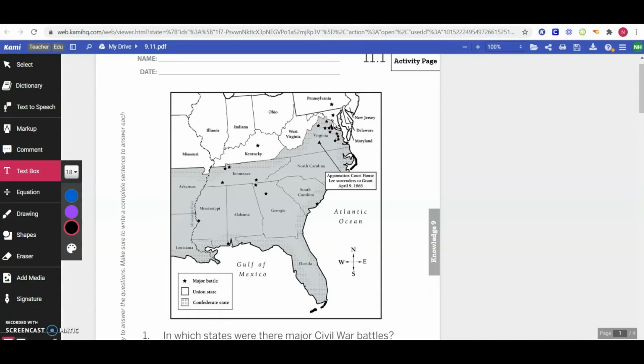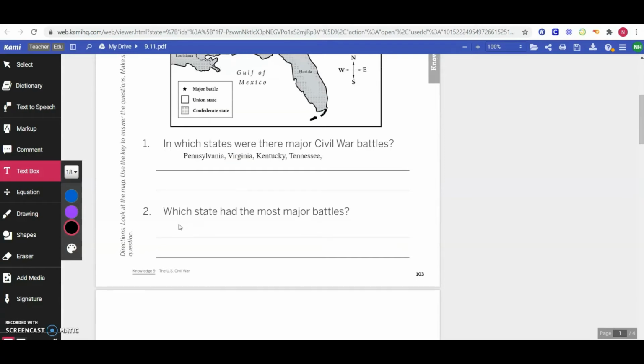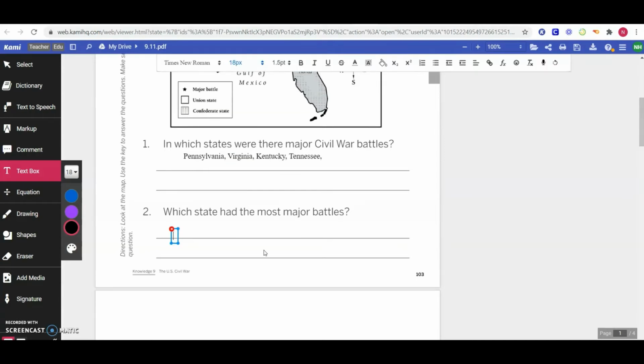Ooh, let's look at Virginia. We've got 1, 2, 3, 4, 5, 6, 7, 8, 9, 10 stars in Virginia. It looks like there are more stars in Virginia than any other state on our map. There were more major battles fought in the state of Virginia.